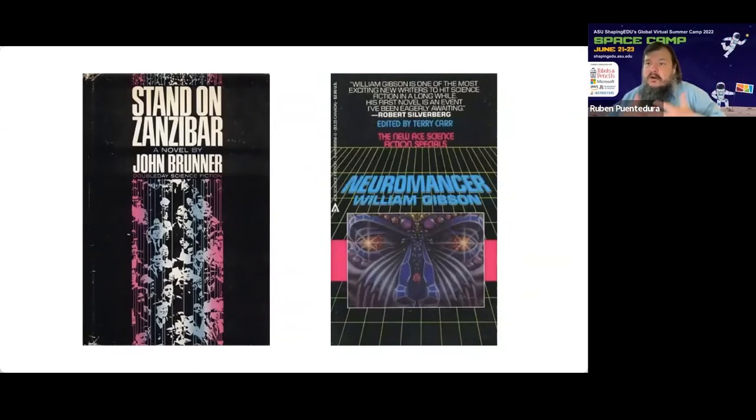Suppose you're talking about just all of these complex factors coming together. Well, both John Brunner in Stand on Zanzibar and Gibson in Neuromancer say, hey, these are worlds where things are really, really complicated. And in both of them, they actually happen to have artificial intelligence as a component. And neither of them had the foggiest idea when they wrote these books what on earth real AI looks like.